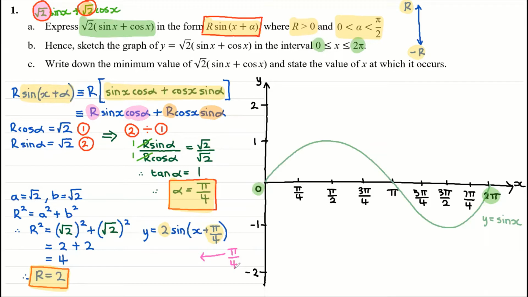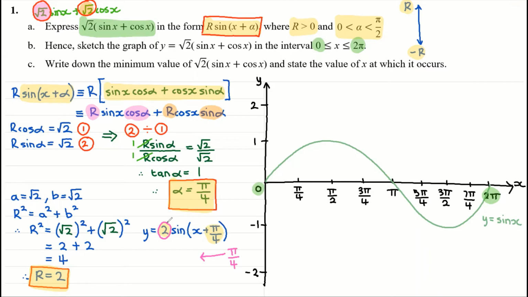And also because of the 2 here, this is going to stretch vertically, which we knew already. That's the easy bit. So I just need to know where all my points of intersection are, my maxima and minima. So everything shifts pi over 4 to the left. Okay, so the first thing to note is that this origin is not going to be a point of intersection anymore. So we can't deal with that just now.